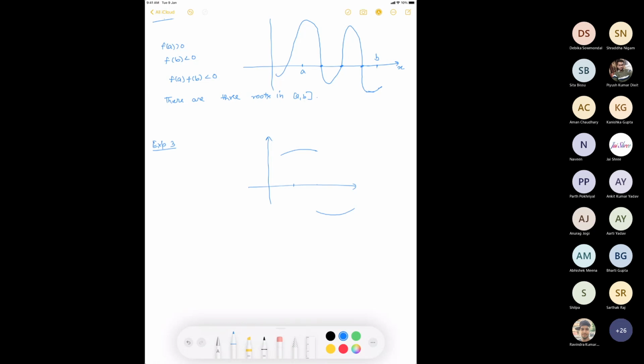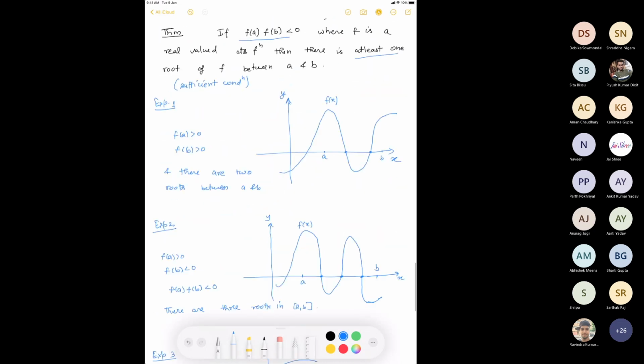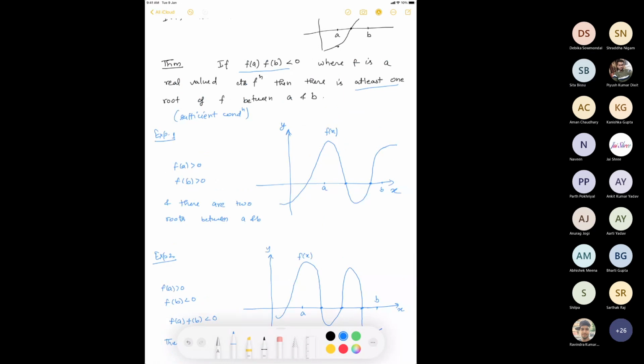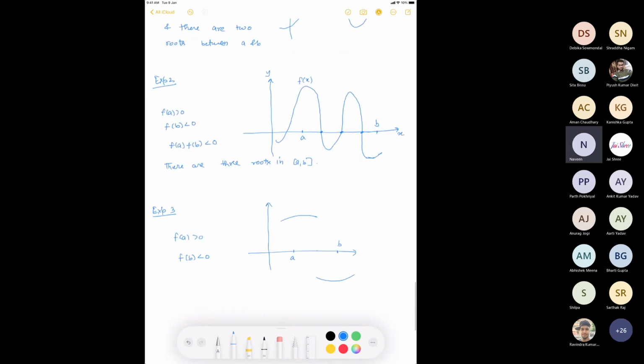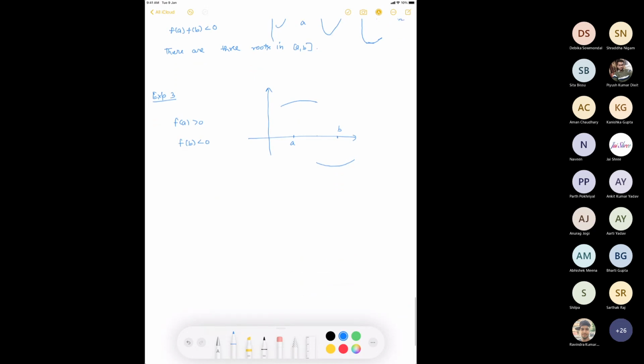Okay, and let's take this is the point A and this is the point B. So you see that at A the function is positive and at B the function is negative, but there's no root between A and B. Why? Is this theorem not holding here? Ma'am, it is not continuous. It is not continuous, right? So this theorem is valid only for a continuous function. Okay, so if the function is not continuous, you cannot ensure that there's going to be a root between A and B if the function changes sign.